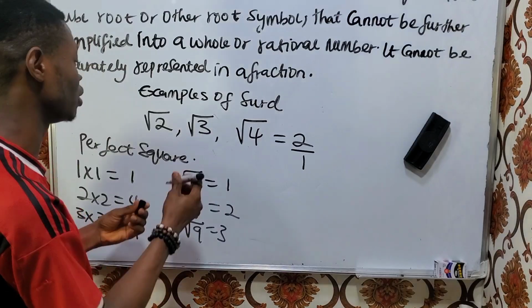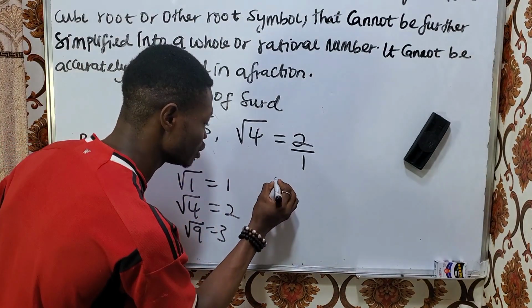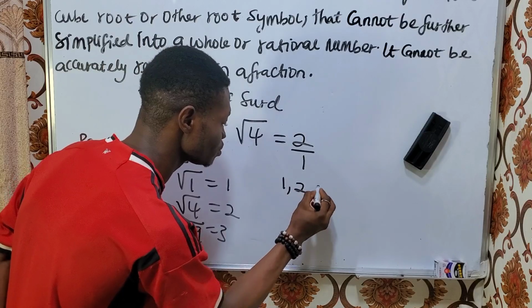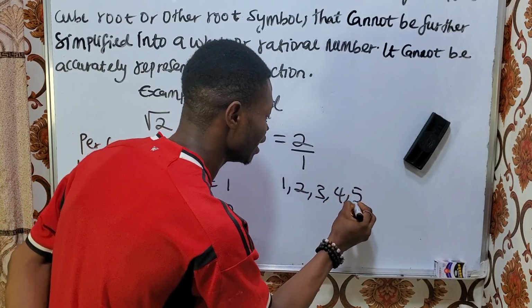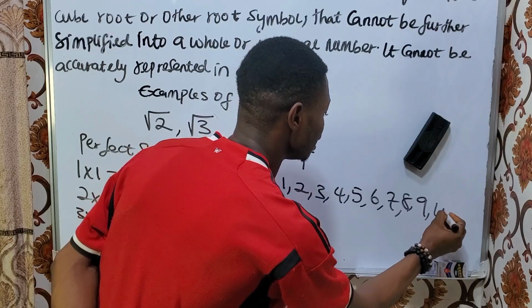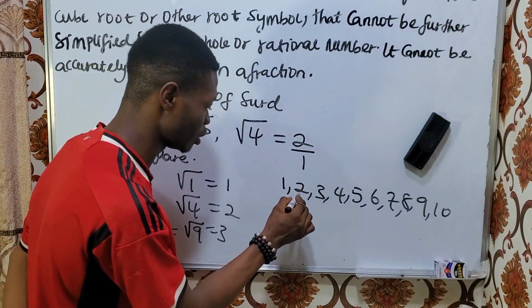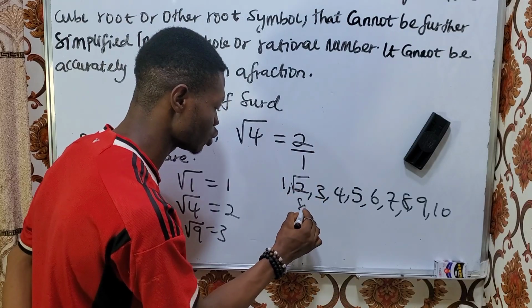What are non-perfect squares? For example, 3. Let me write these numbers: 1, 2, 3, 4, 5, 6, 7, 8, 9, 10, and so on. 2 is a non-perfect square. So square root of 2 is a surd.